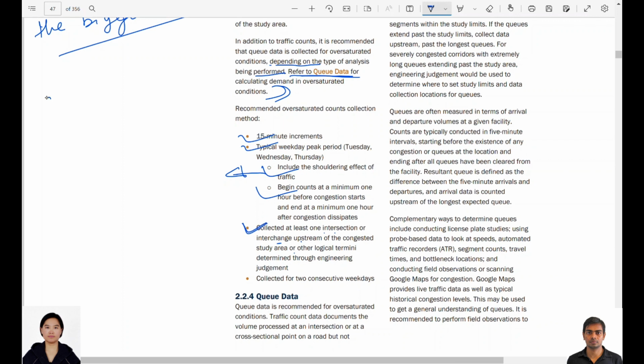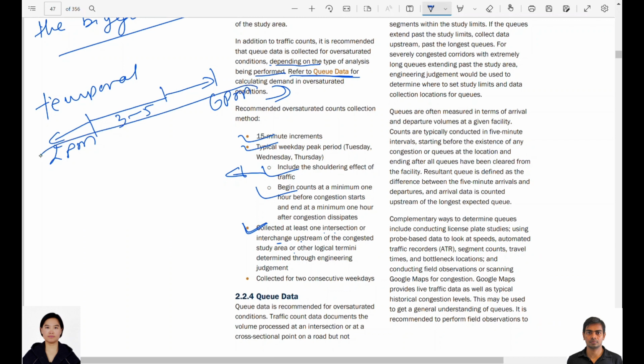So from the temporal limit, we try to go 1 hour before the congestion starts and 1 hour after. So let's say 3 to 5 is the peak hour, then we will start from 2 p.m. to 6 p.m. This is the minimum we will go.